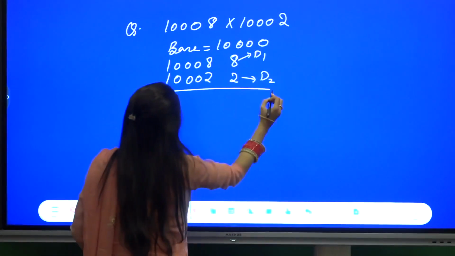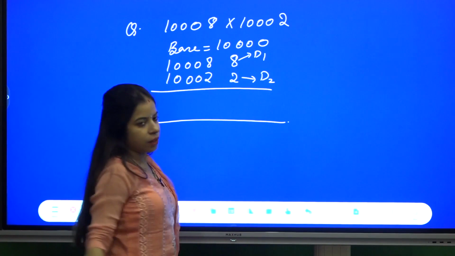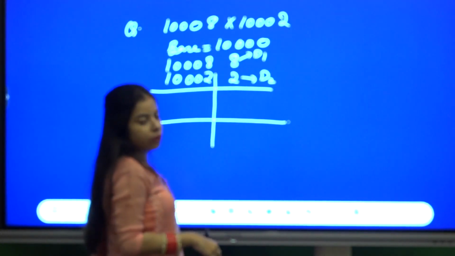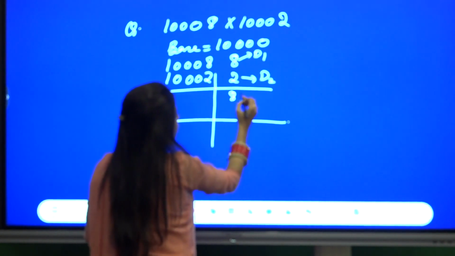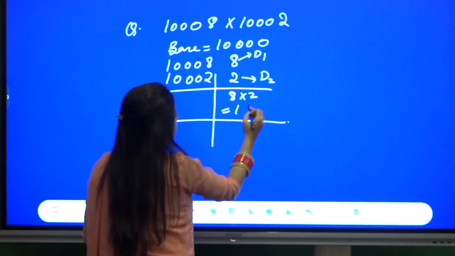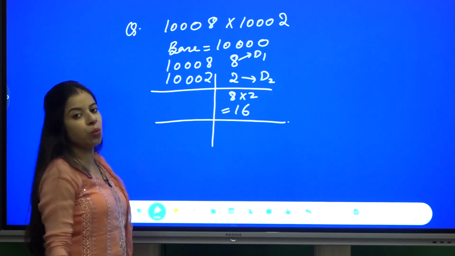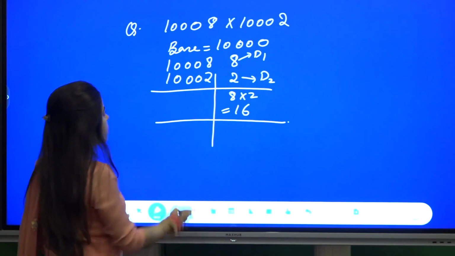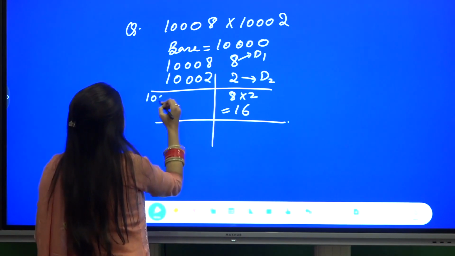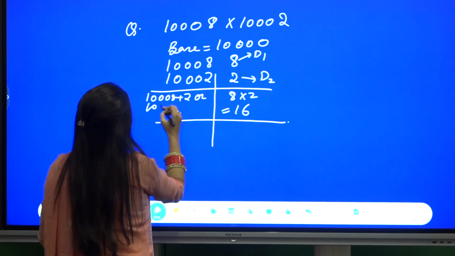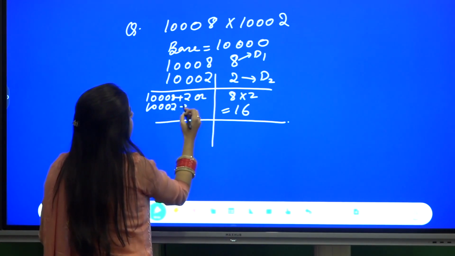We are going to write our answer in two parts. The right side is the product of the deviations, which is 8 into 2, 16. And for the left part, we are going to add the numbers crosswise. That is 10008 plus 2 or 10002 plus 8.